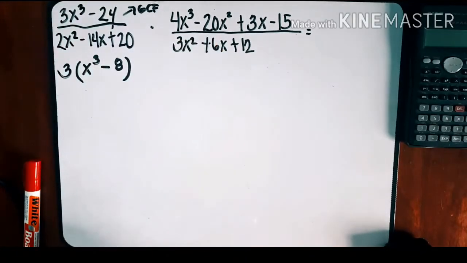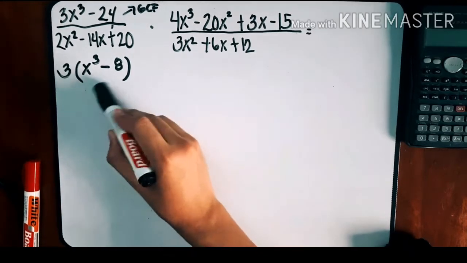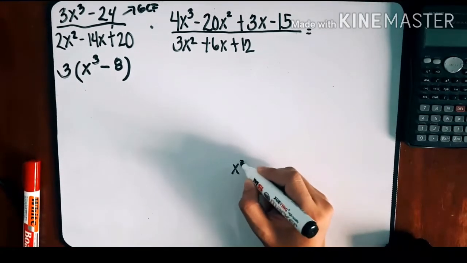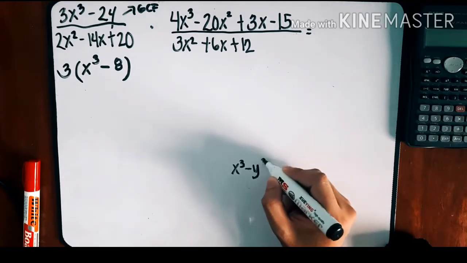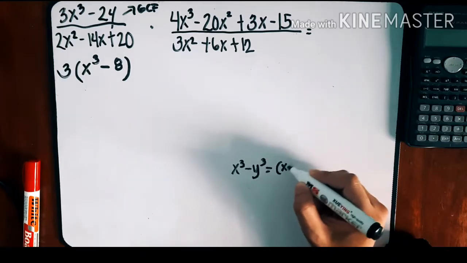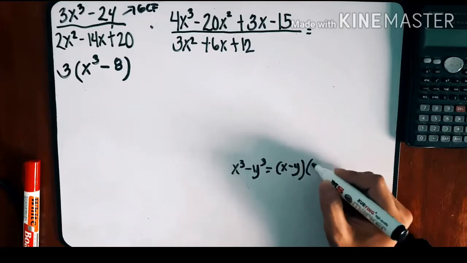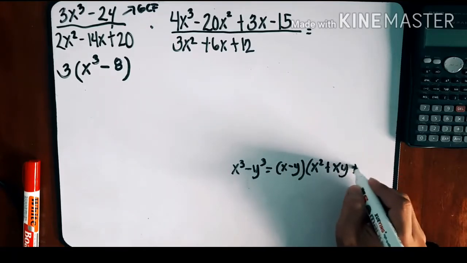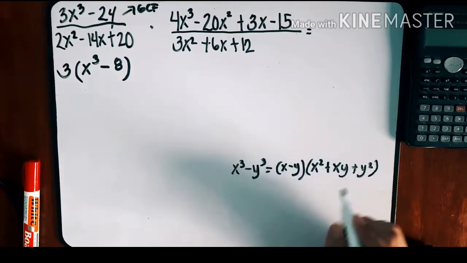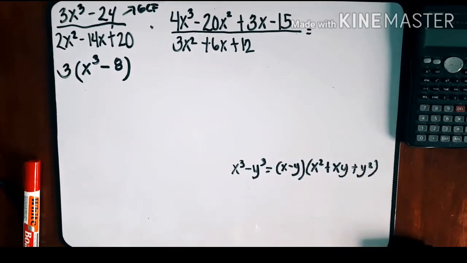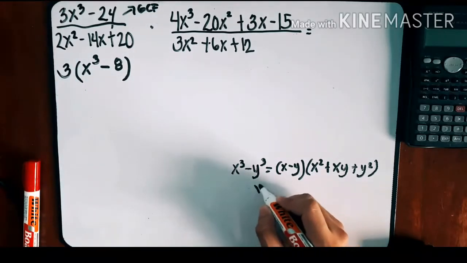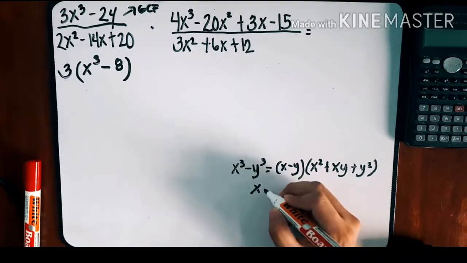And if you notice, this is a difference of cubes. According to the rule, x cubed minus y cubed is equal to x minus y multiplied by x squared plus xy plus y squared. The cube root of x cubed is x, and the cube root of 8 is 2.